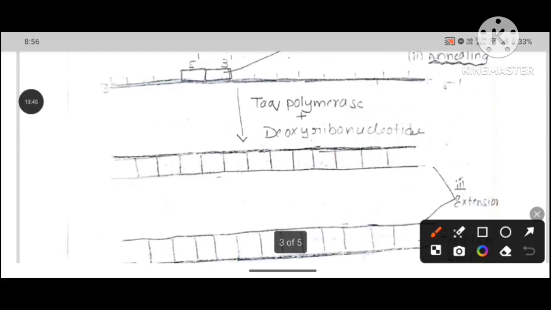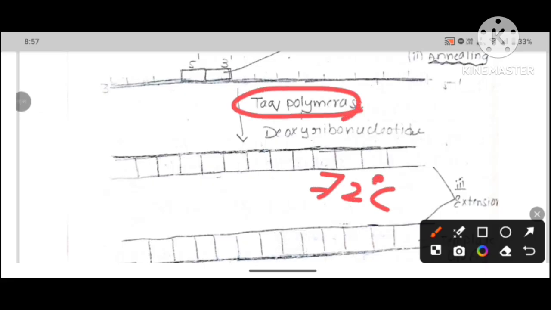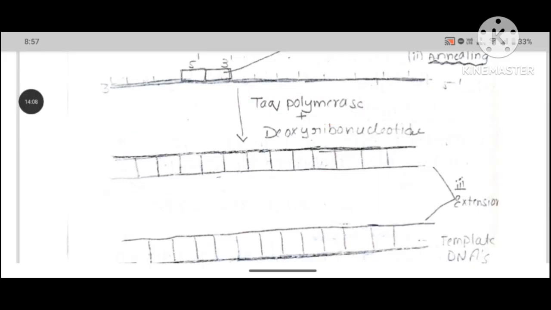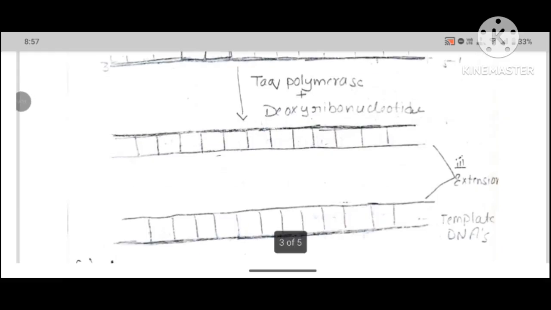Here the temperature is raised to 72 degrees Celsius for the activation of the Taq polymerase, where it can efficiently synthesize the DNA strand by using deoxyribonucleotides. This step is known as extension, where finally we get the two amplified DNA molecules. This cycle continues repeatedly to obtain multiple copies of the DNA.